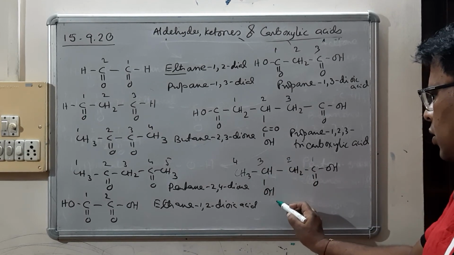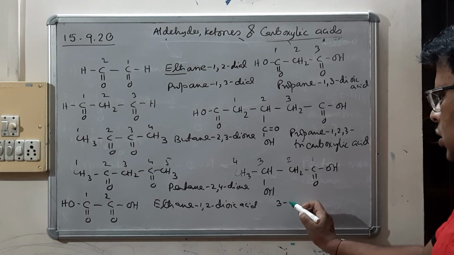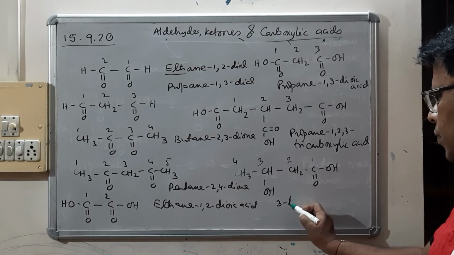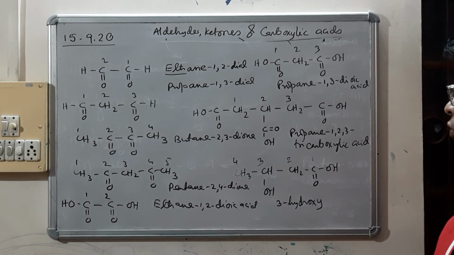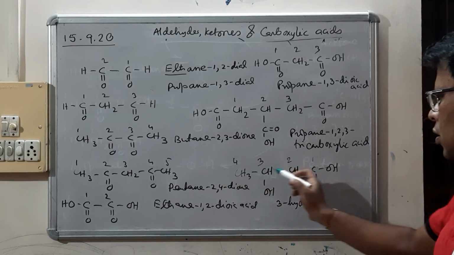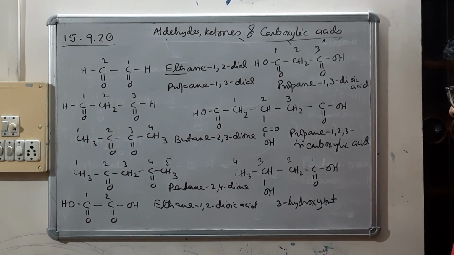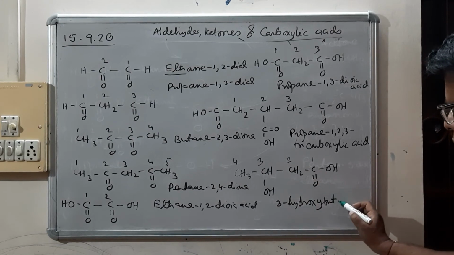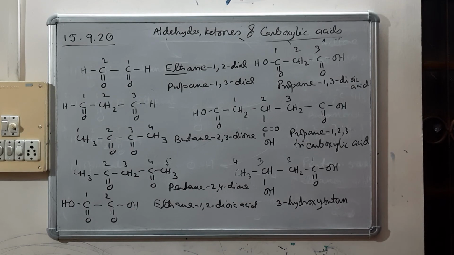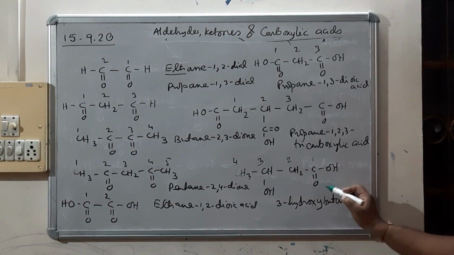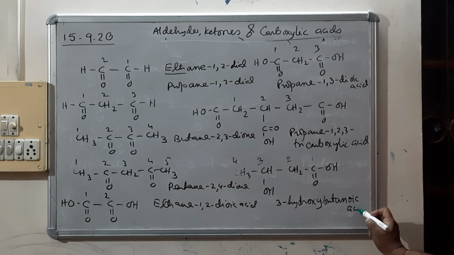So its name will be 3-hydroxy. When OH is a substituent, it's called hydroxy. So 3-hydroxy, and the word root is for 4 carbons, it is but. Primary suffix an, butane, and then the secondary suffix is oic acid.